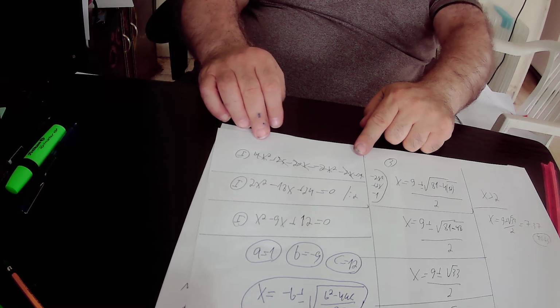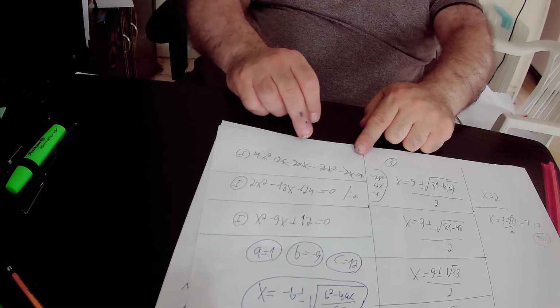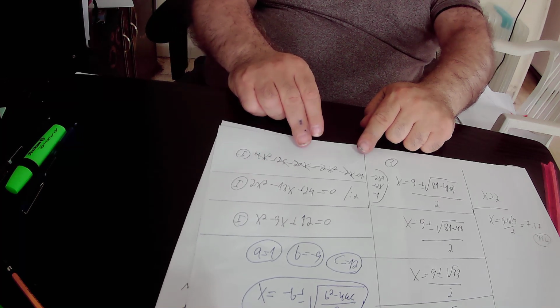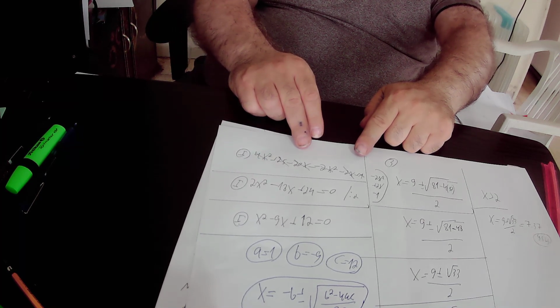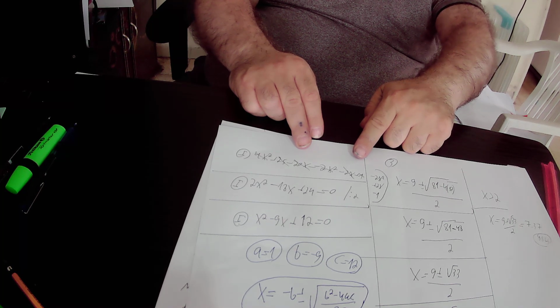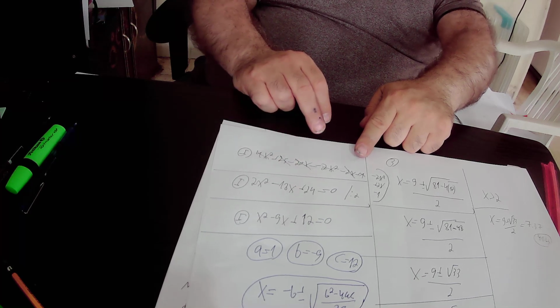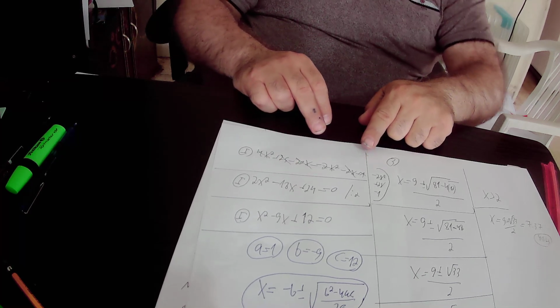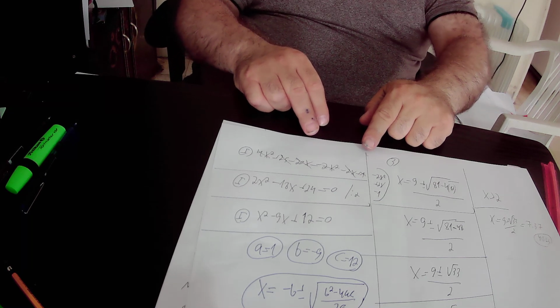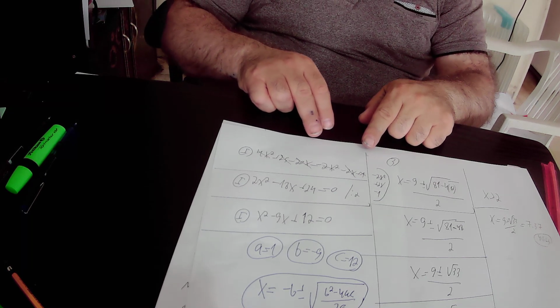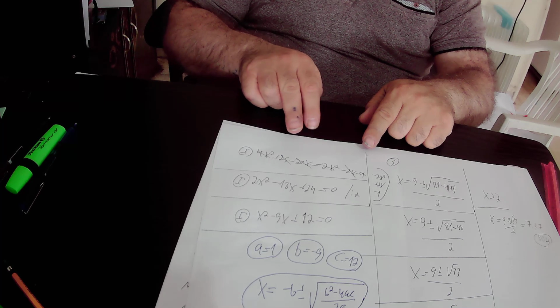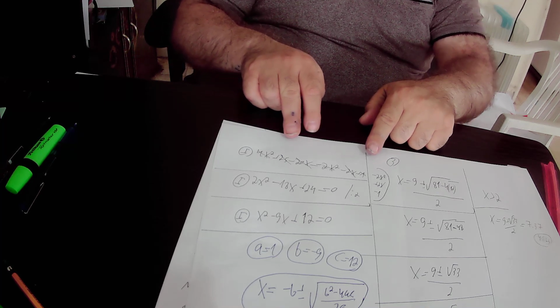4x squared minus 2x squared is 2x squared. Here we have minus 20x and minus 2x. We added 2x to this equation, so minus 20x plus 2x is minus 18x. And here we have also 25 and 1.